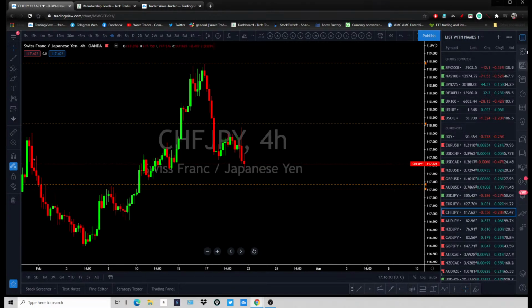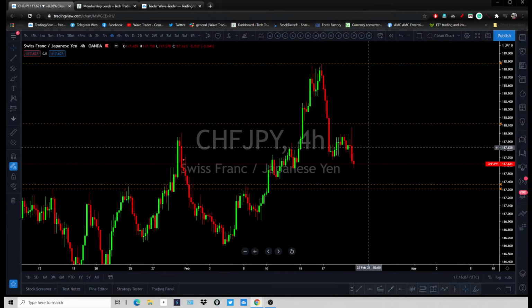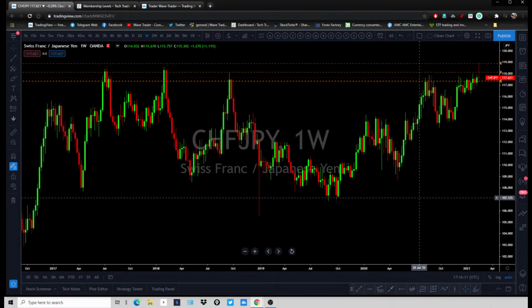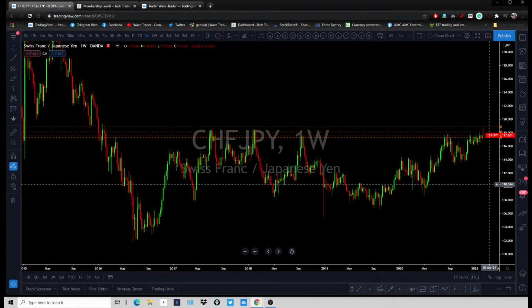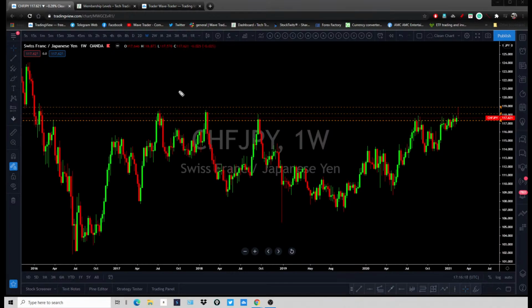So if I look at the chief yen, this is also the same chart, and it has already gone lower. That was a good trade, by the way. We got good price action on it. Price is again holding that top, that resistance, and reversed very aggressively every time it came close to that top.